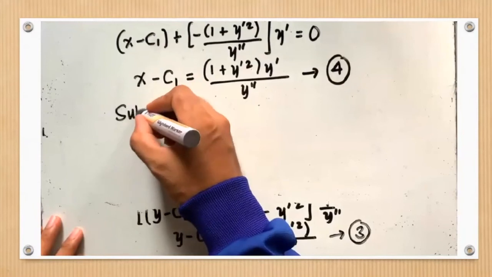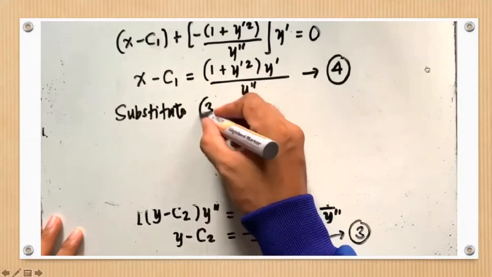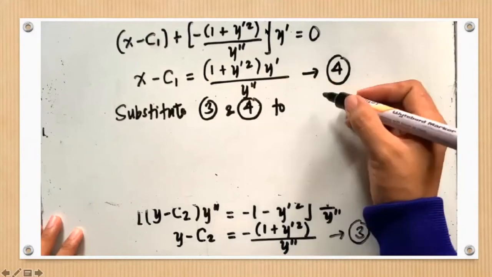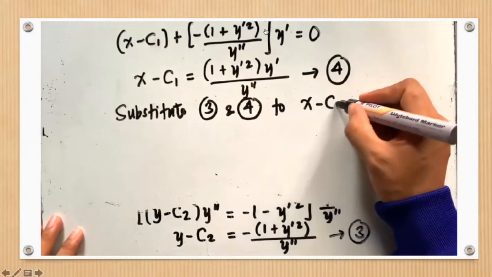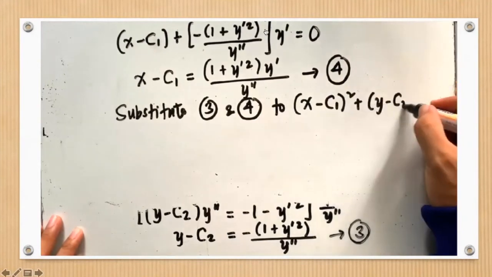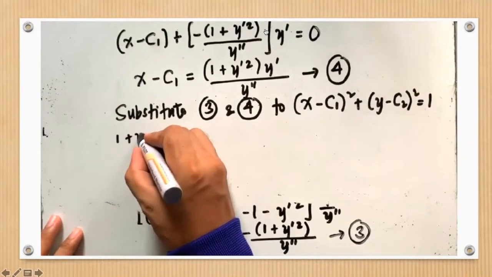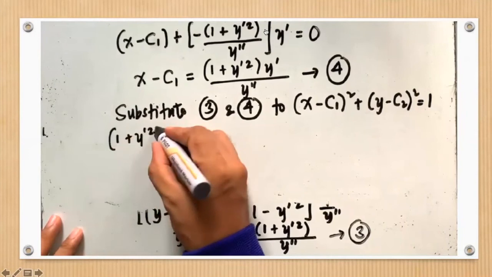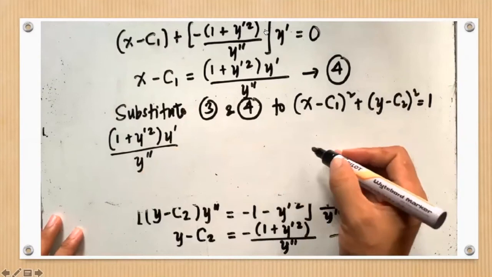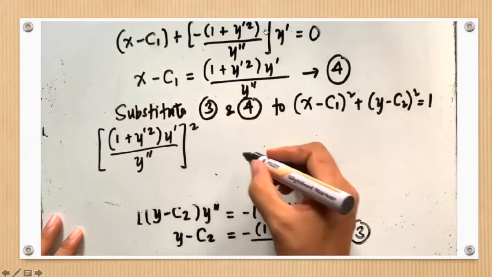And then we will substitute again these equations number 3 and 4 dun sa given natin na problem or equation, which is x minus c sub 1 raised to 2 plus the quantity y minus c sub 2 raised to 2 equal to 1. So we have, for x minus c sub 1, you have 1 plus y prime squared times y prime all over y double prime, raised to the power of 2.